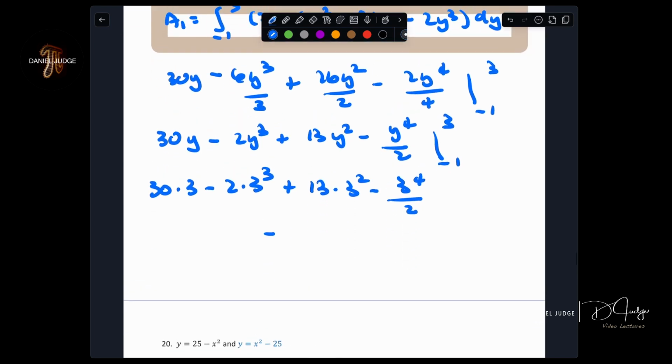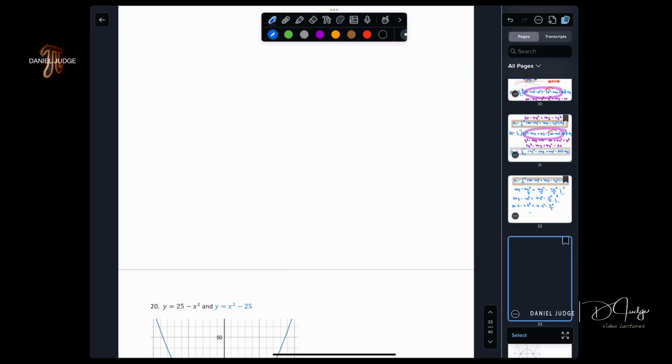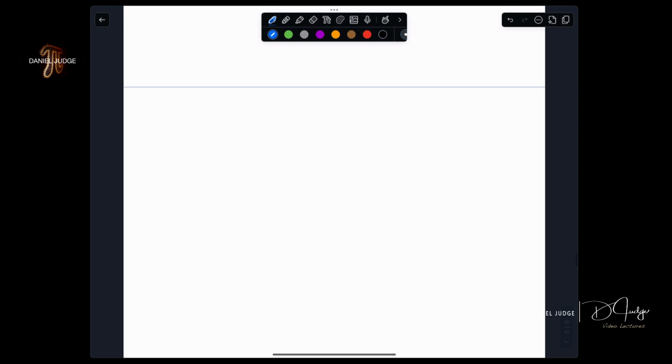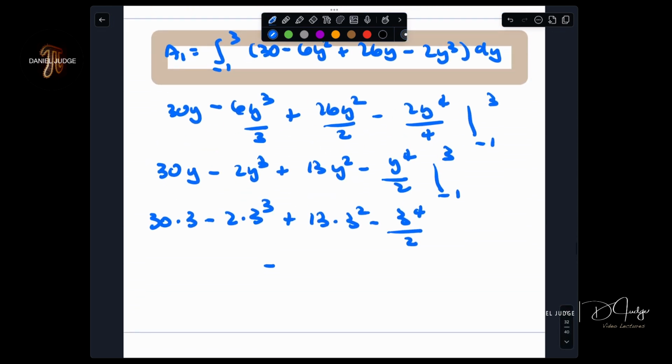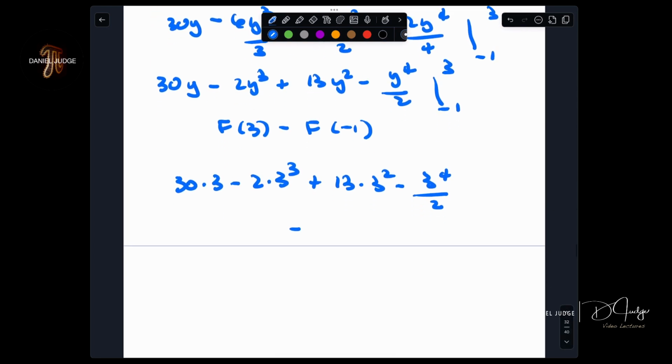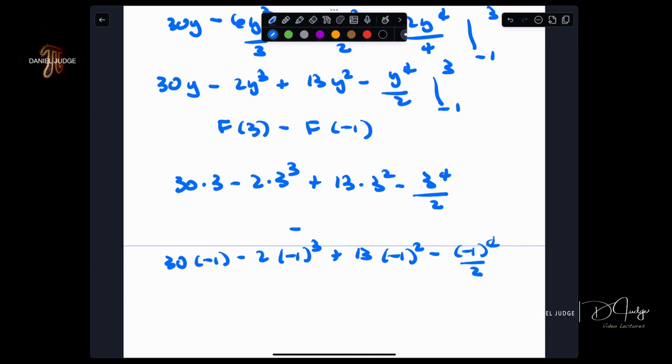Minus. We should just get all kinds of paper going here. All right, let's move this down here. So we say 30 times -1 minus 2 times -1 cubed plus 13 times -1 squared minus -1 to the 4th over 2.